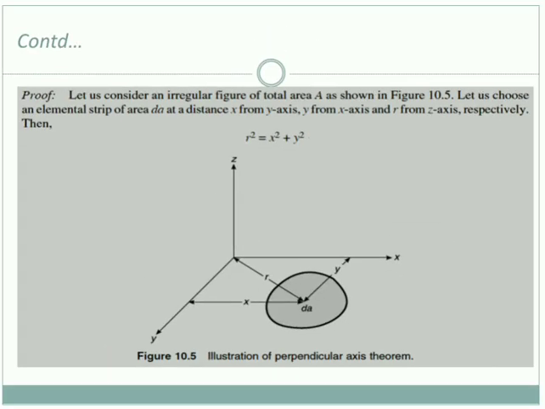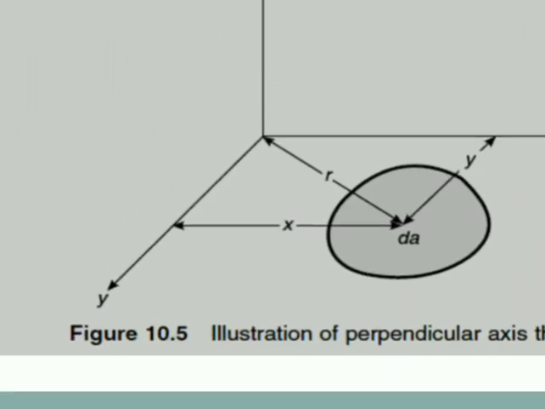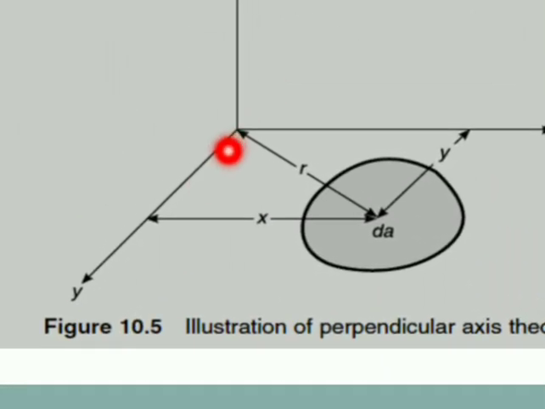Then from the figure, we can take this element as a triangle with r as the hypotenuse, base as x, and the height is nothing but y.